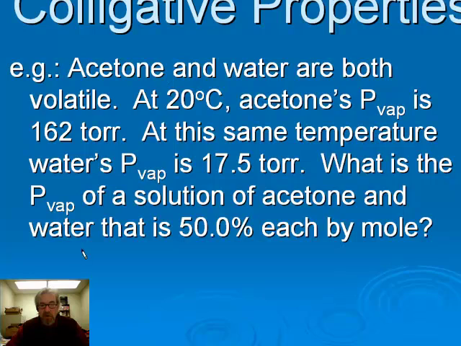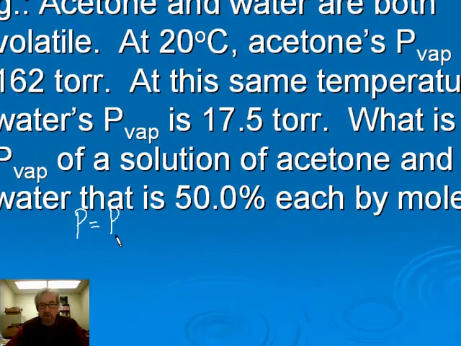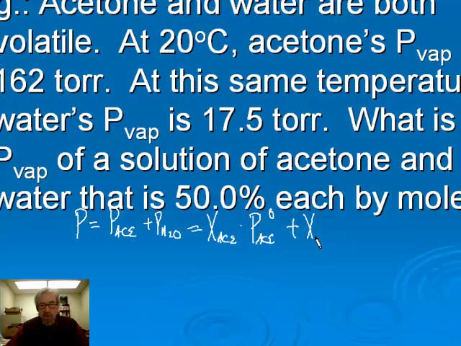So Raoult's law is saying the pressure of the solution is going to be the pressure of acetone plus the pressure of water. But we know that that's equal to the mole fraction of acetone times the pure vapor pressure of acetone plus the mole fraction of water times water's vapor pressure as a pure substance. So we'll just plug numbers in here to get our pressure. Mole fraction of each is 0.5.